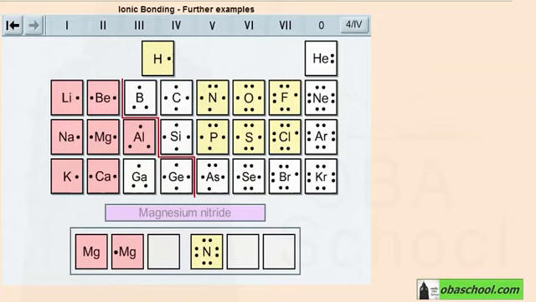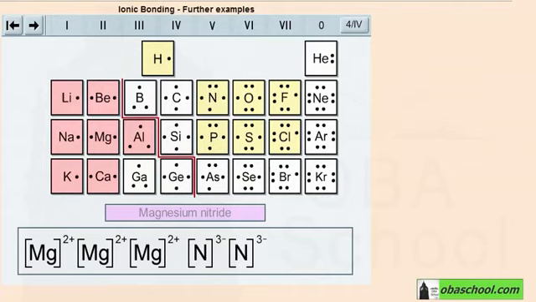Now we need another nitrogen atom because magnesium still needs to transfer its electron to nitrogen. This nitrogen now needs 2 more electrons, so we'll take another magnesium atom which will transfer its 2 electrons to nitrogen. So now we have 3 Mg2+ ions and 2 N3- ions. The formula is Mg3N2.